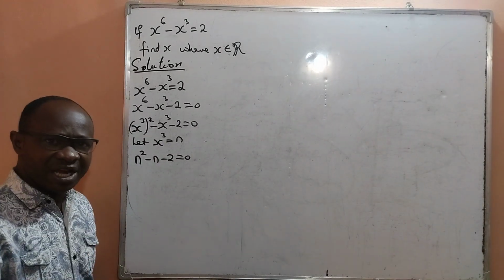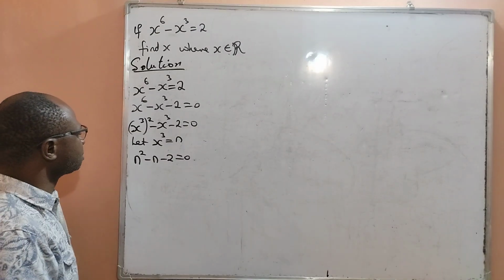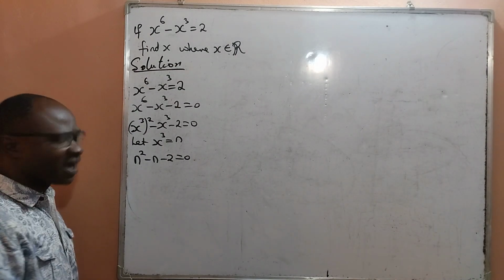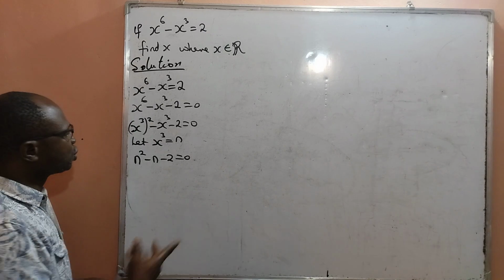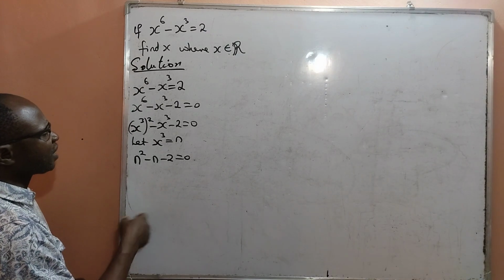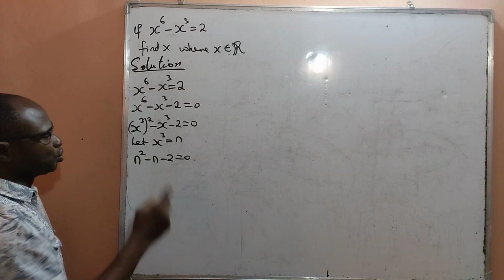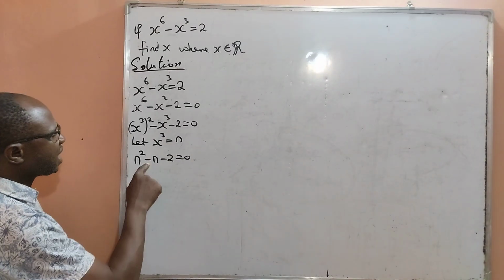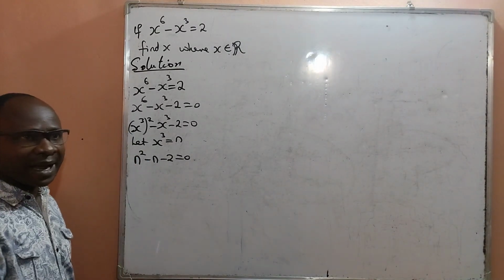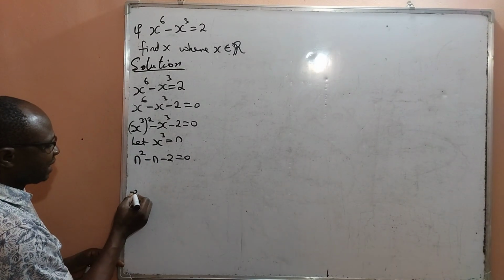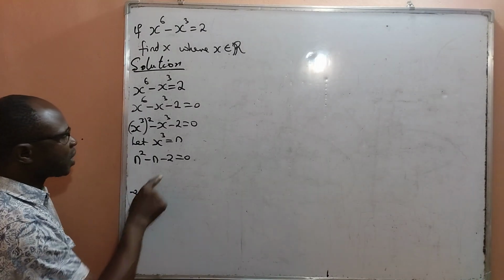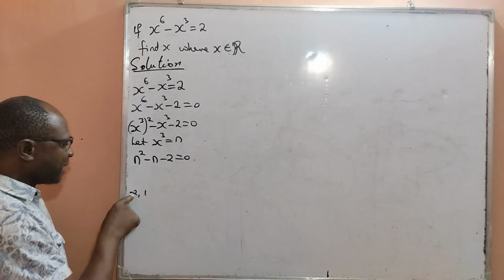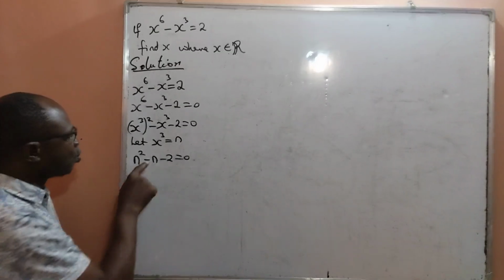Therefore, I can use any of the methods of quadratic equations to solve it, but preferably let us go by the factorization method. Two numbers I can multiply and get minus 2, and when I add those two numbers, I will get minus 1. Those numbers can be minus 2 and positive 1, because minus 2 times 1 will give me minus 2, and minus 2 plus 1 will give me minus 1.